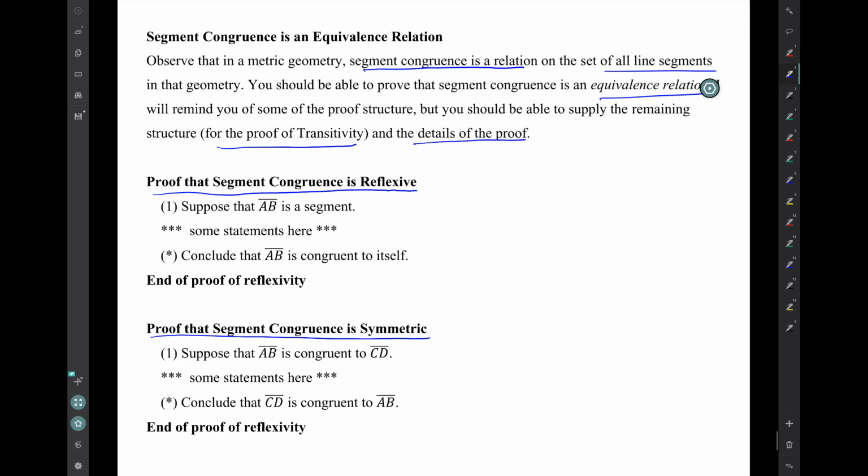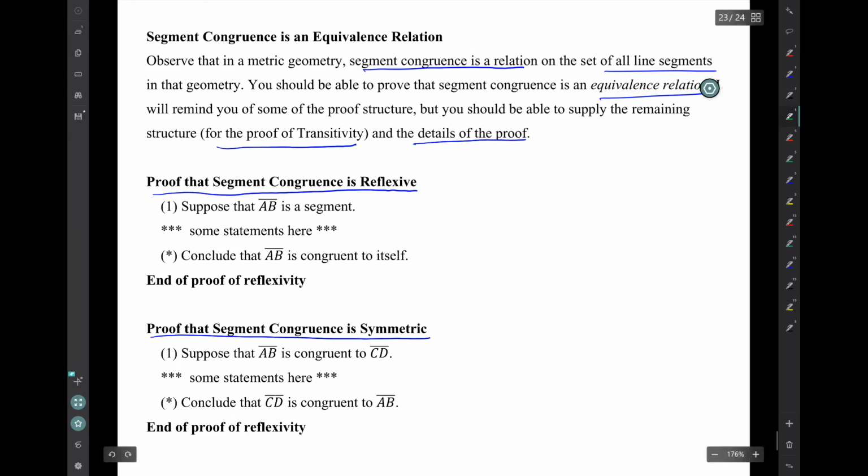So remember how the proof that segment congruence is reflexive would have to go. We'd start by saying, suppose that we have a segment, and we'd have to end by saying, therefore the segment is congruent to itself. But there's some missing statements here. You'd have to come up with that. What about the proof of symmetry?